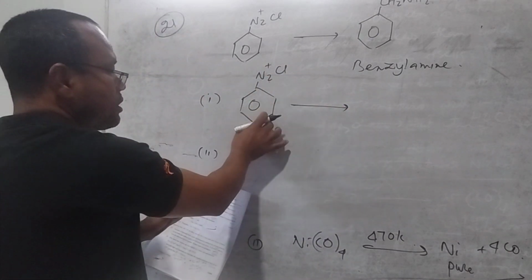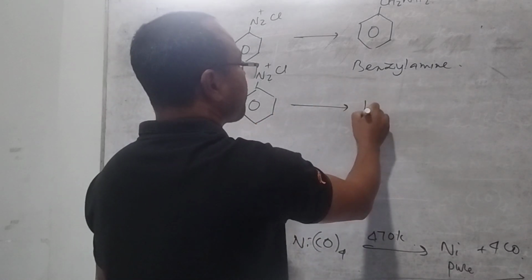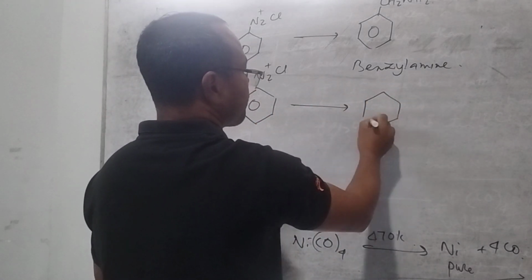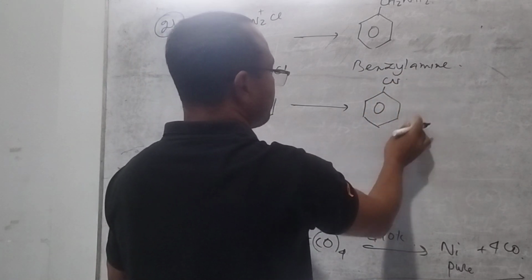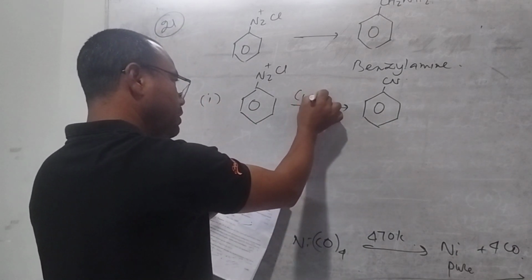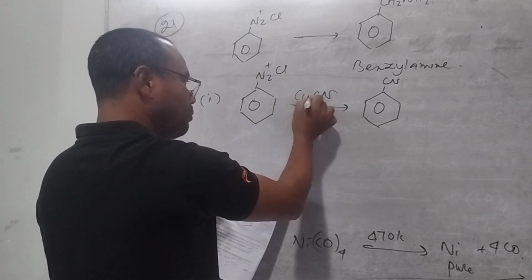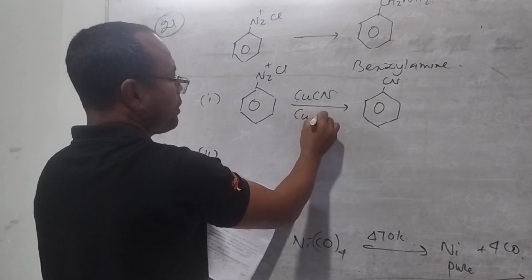First, this benzene diazonium chloride can be converted into benzonitrile. The reagents we can write are cuprous cyanide in the presence of copper powder.